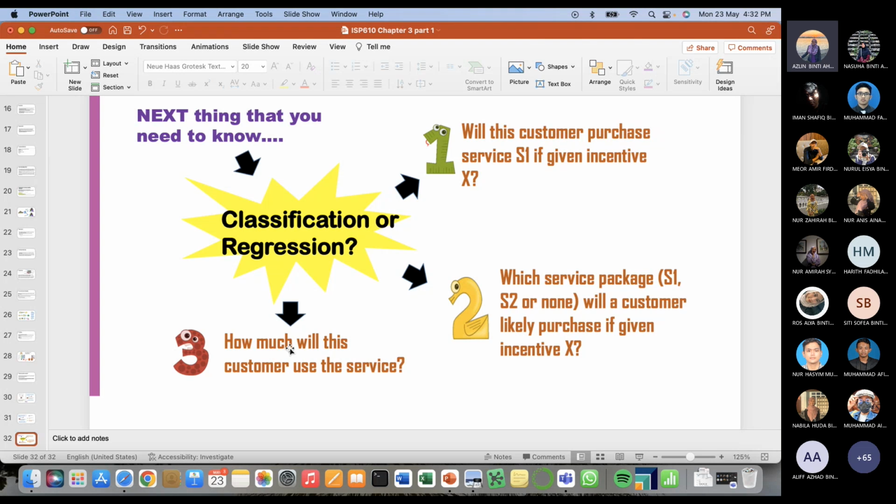Okay, number 3. How much will this customer use this service? How much? Classification kan regression? This sounds like regression this time. Okay, so you need to look at the words in dalam sentence tu. Tapi dalam exam, I rasa kita tak adalah tanya this kind of question. Kita macam terus je.